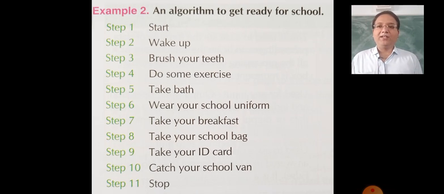Step 5, take a bath. Step 6, wear your school uniform. Step 7, take your breakfast. Step 8, take your school bag. Step 9, take your ID card. Step 10, catch your school van. And step 11, stop.